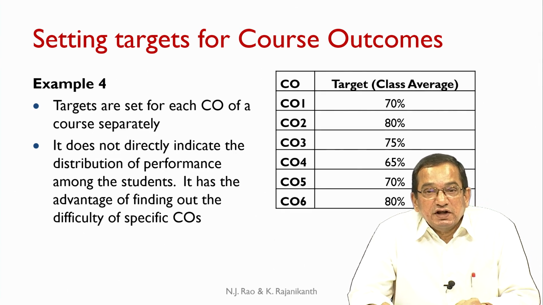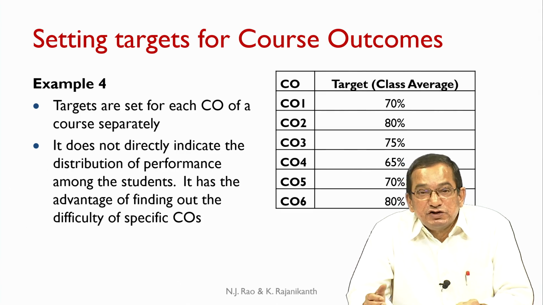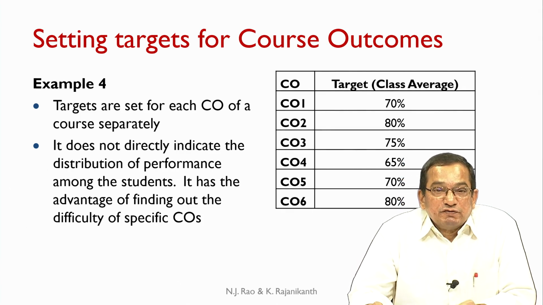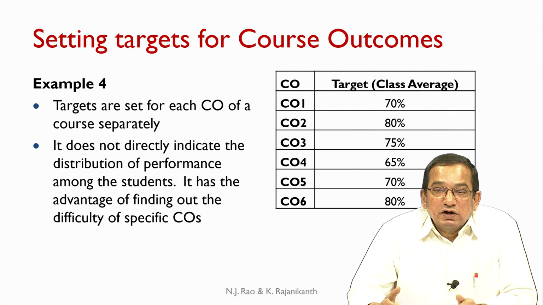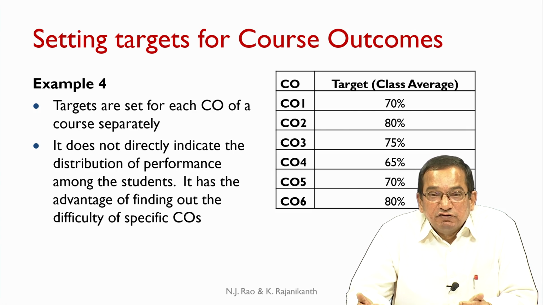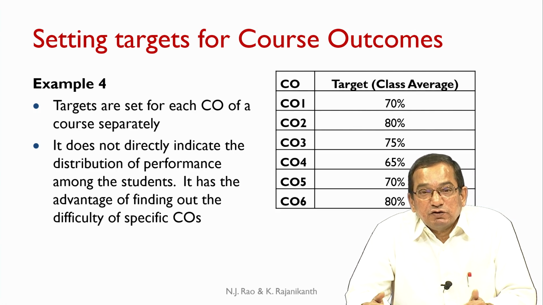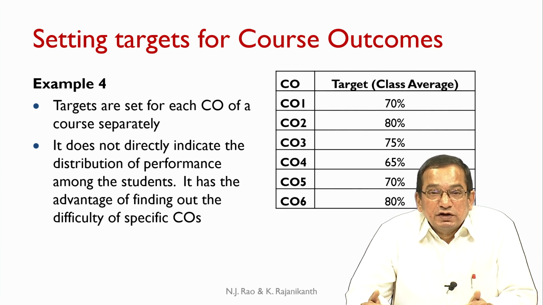Now, this does not directly indicate the distribution of performance among the students, in the sense that within CO1, how are different cohorts of students performing, or how are the different performance ranges distributed. As we saw in example 3, that kind of information is not available, but it does have the advantage of finding out the difficulty of specific COs.